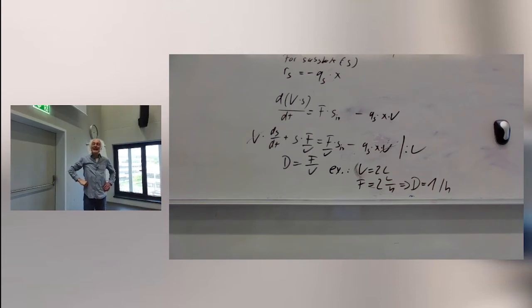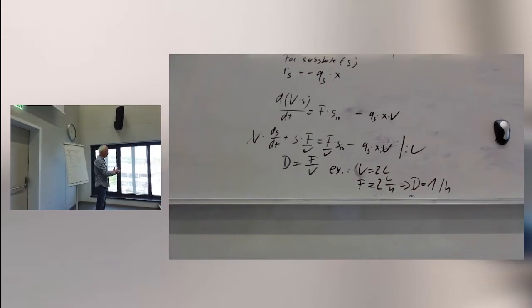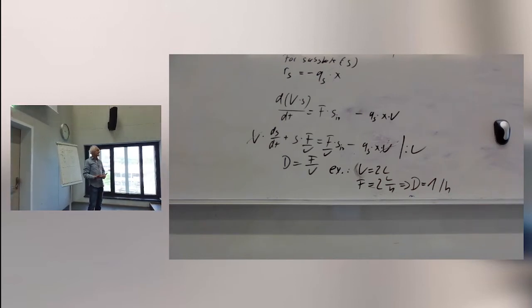So our S in is our substrate concentration in the inflow, and our S is our substrate concentration in our bioreactor, which is of course not the same. Because if I have a substrate concentration extremely close to 0 in our bioreactor, and I drop just a little bit of a very high substrate concentration in, the substrate concentration which I will have at the end in the bioreactor will of course be different. But it's a small s, so it's concentration.